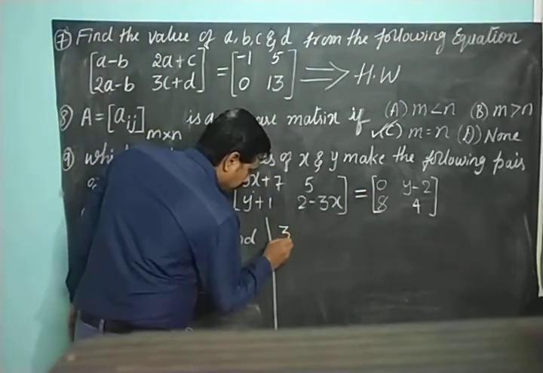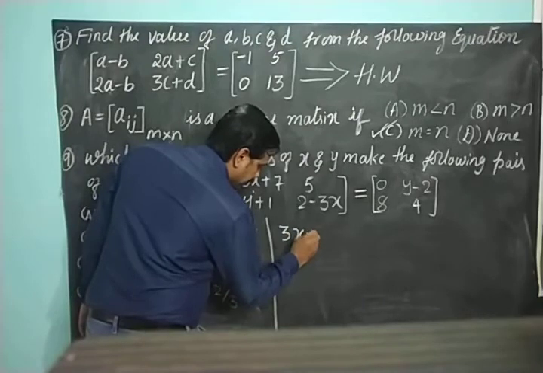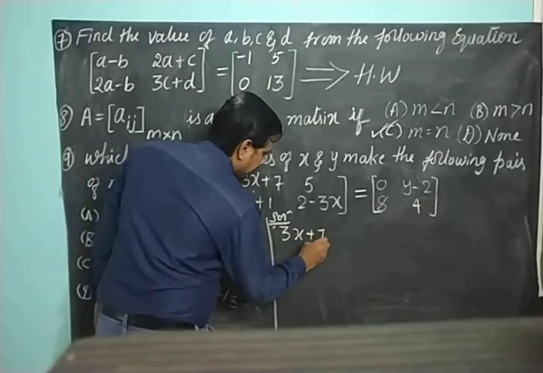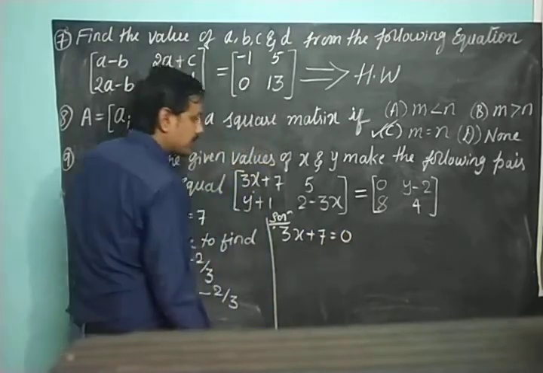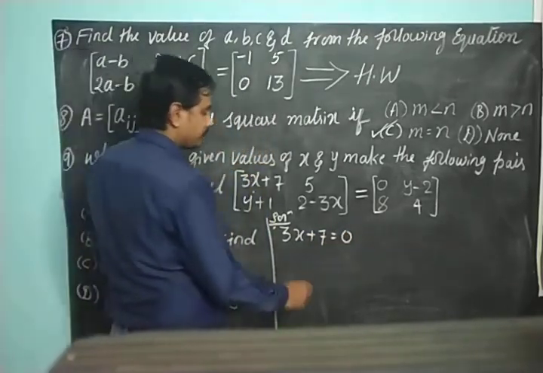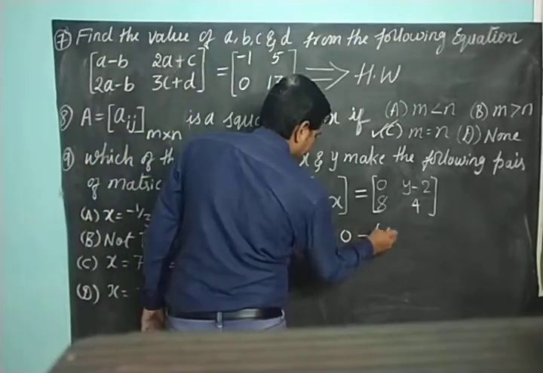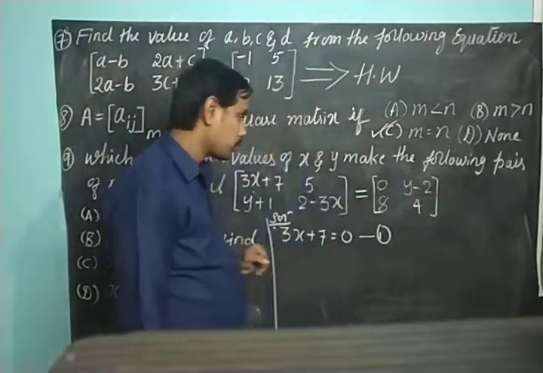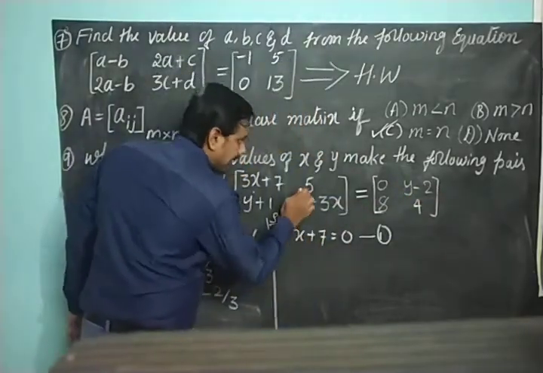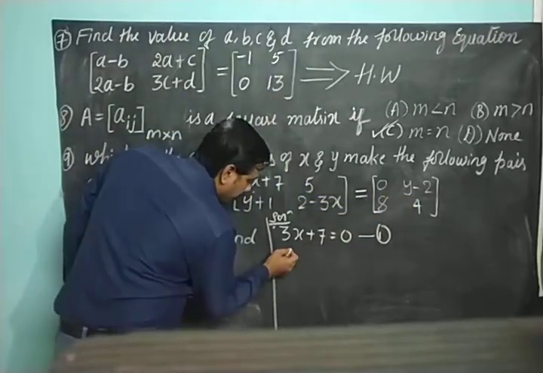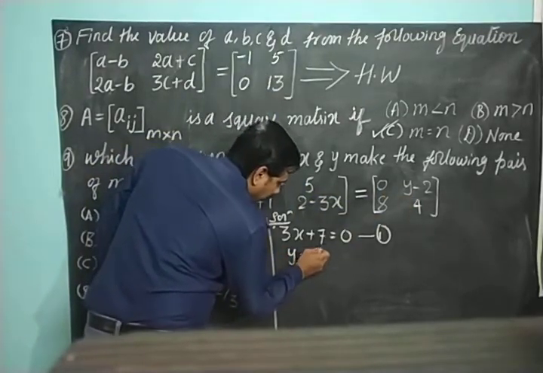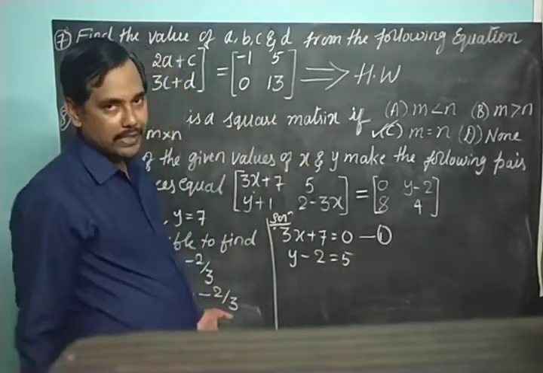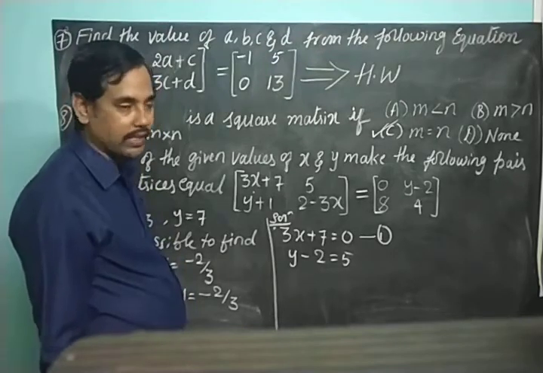So 3x plus 7 is equal to 0. Right? Then A12 should be equal to A12 here. So I can write 5 is equal to y minus 2, or to make it convenient to look, I write it as y minus 2 is equal to 5. Both are one and the same.